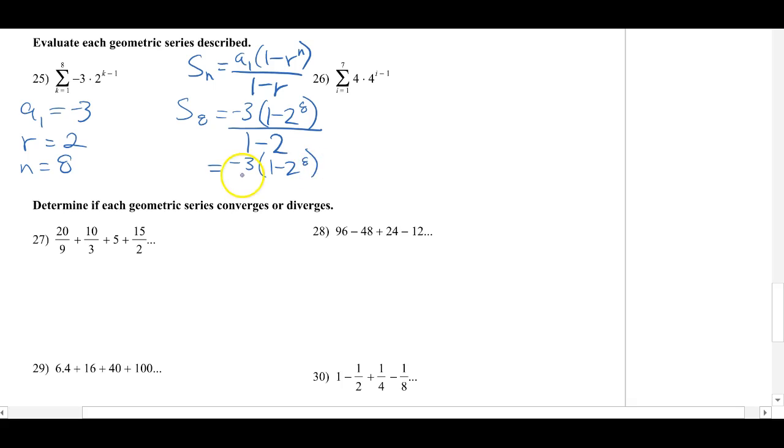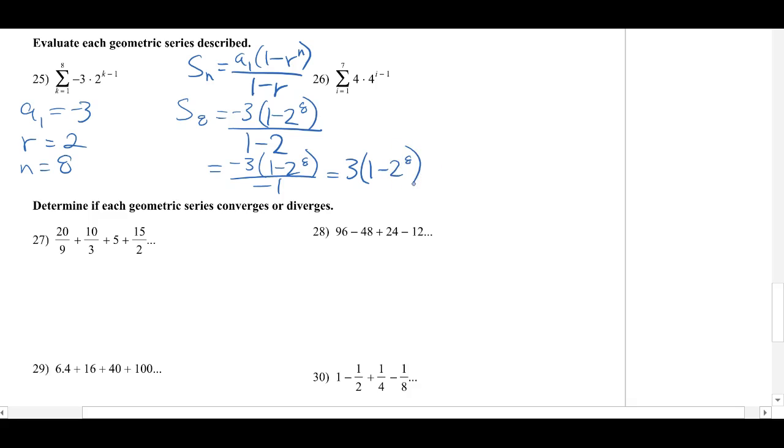I don't know what 2 to the 8th is right off the top of my head. And then 1 minus 2 is negative 1. These negatives will cancel out, so then I'll just have positive 3 times 1 minus 2 to the 8th. I'm simplifying it just because I want to make it easy to put in the calculator.